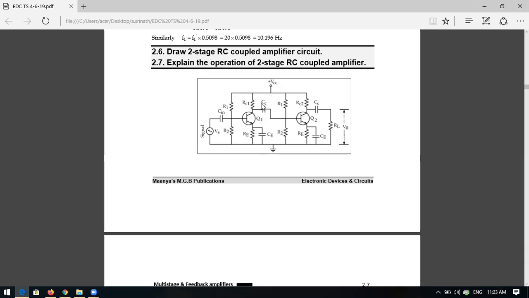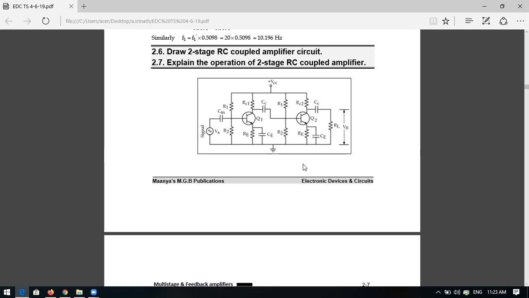This coupling capacitor is used to couple the first stage of CE amplifier to the next stage of CE amplifier. The output of the first stage is given to the second stage through the coupling capacitor. That is the reason it is called an RC coupled two-stage amplifier.